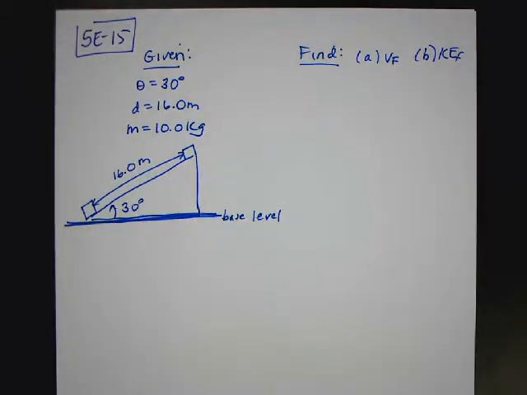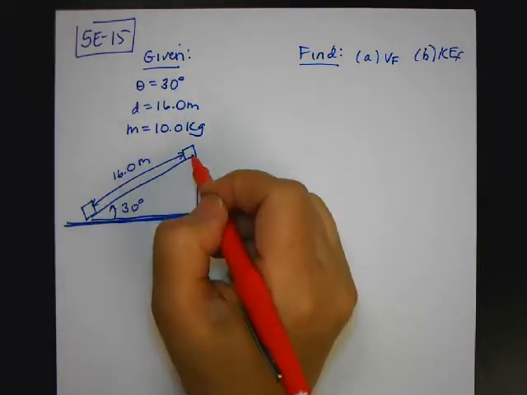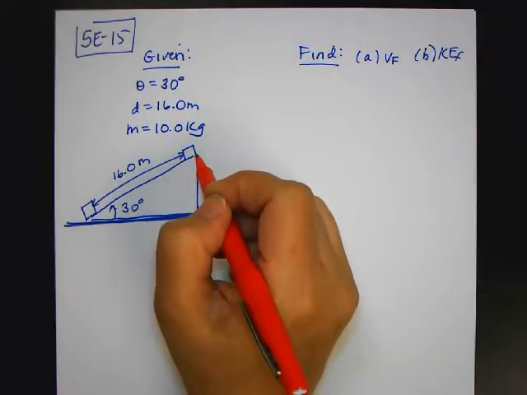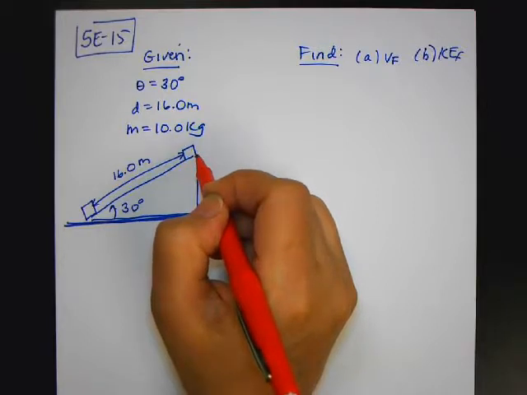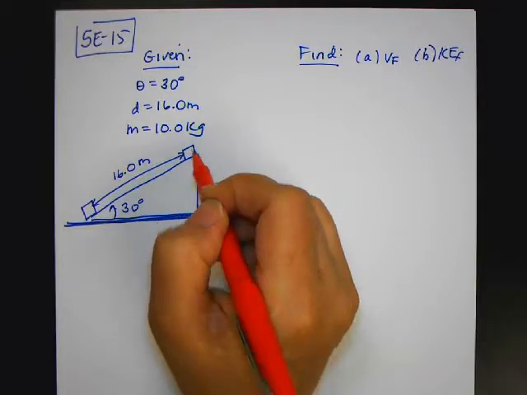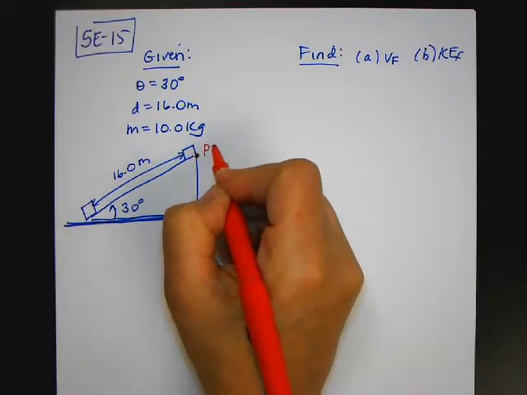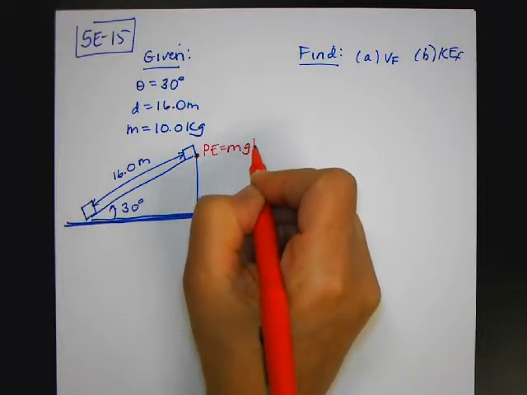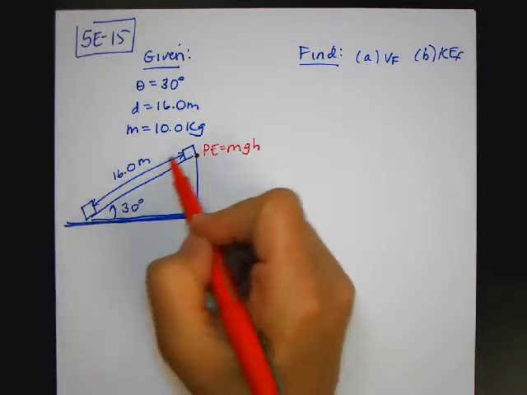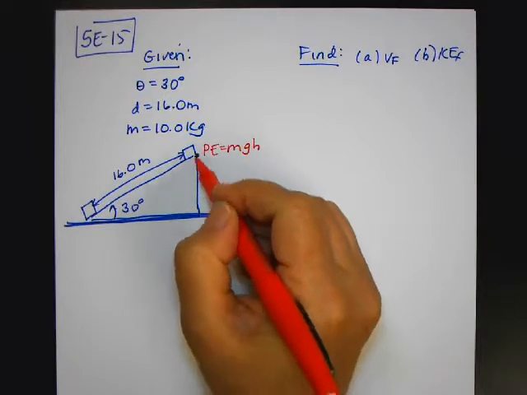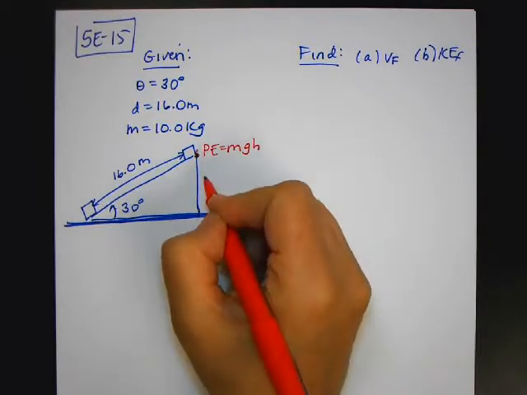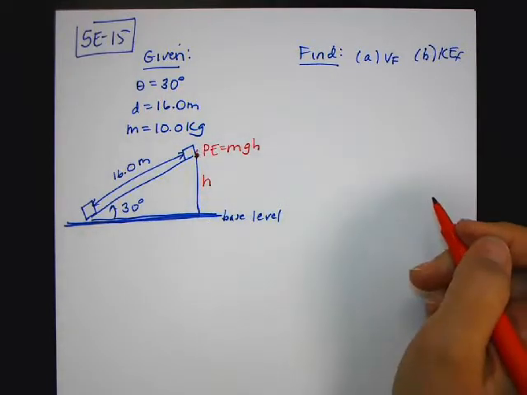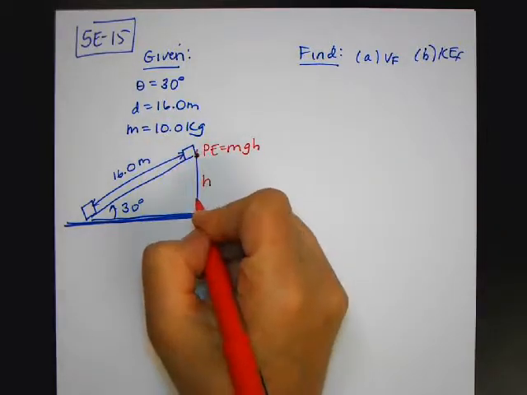Well, first of all, if we're doing conservation of energy, at the top, we know this cabinet's not moving. So this is all potential. So when I do potential energy, I know potential energy is mgh. It's not mg this distance, it's this height. So I need to figure out what this height is. This is a right triangle.